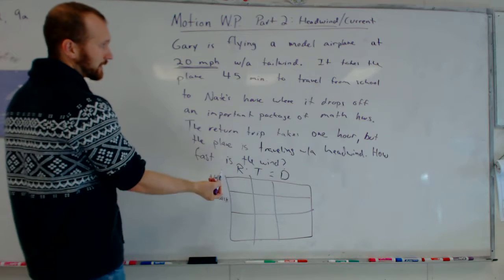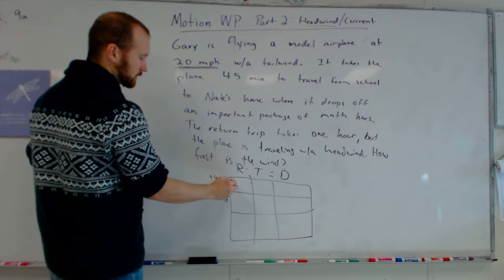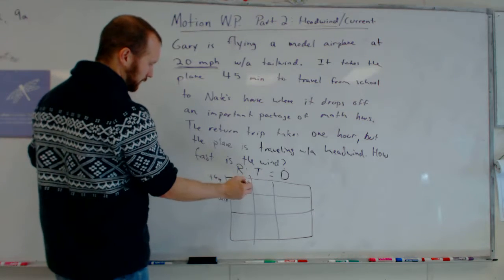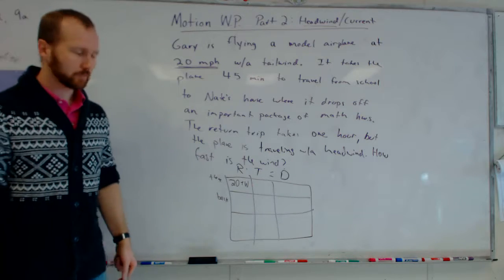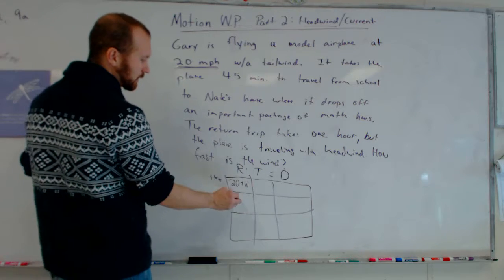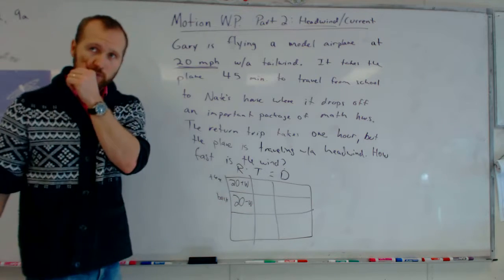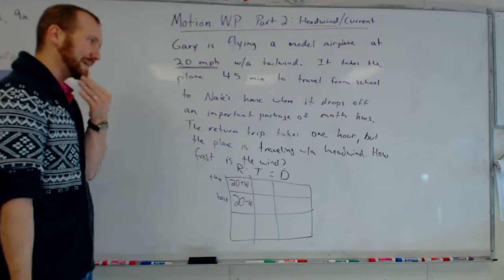So the speed going there has a tailwind, so it's going to be 20 plus W, I'll just say W for wind. Coming back, though, the speed is slower. It's 20 minus the speed of the wind. And the time is 45.